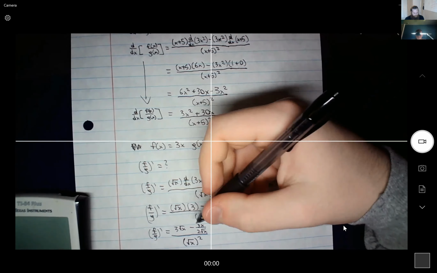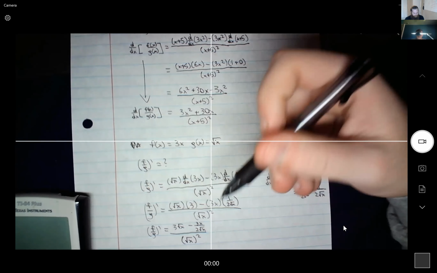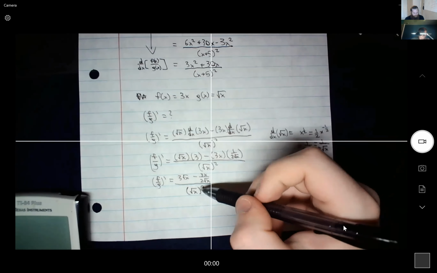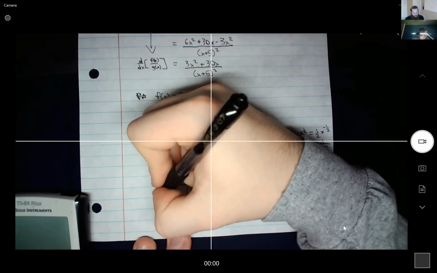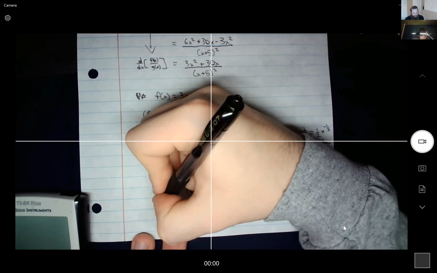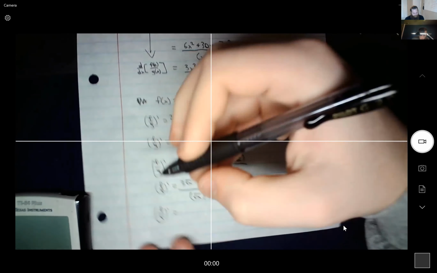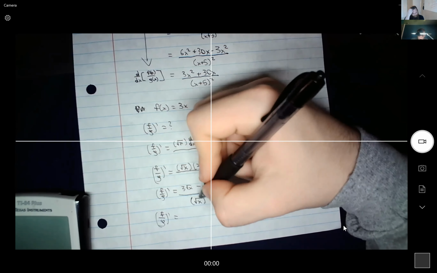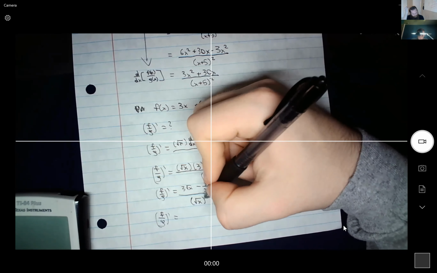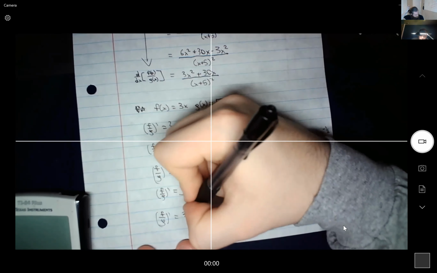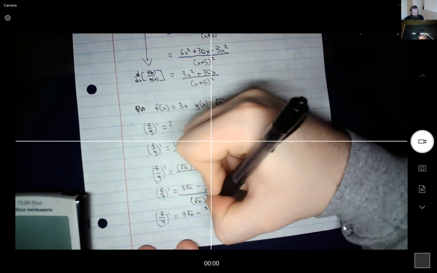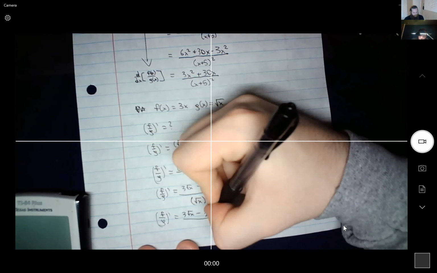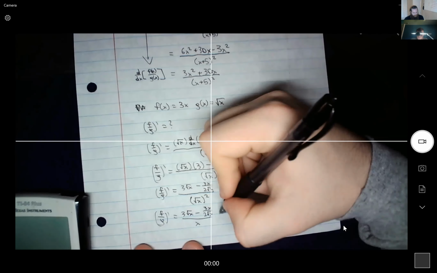So now in this case, we can change that so we can make root x squared into x. So it would be 3 over x minus 3x over 2 root x over x. And then you can simplify from there.